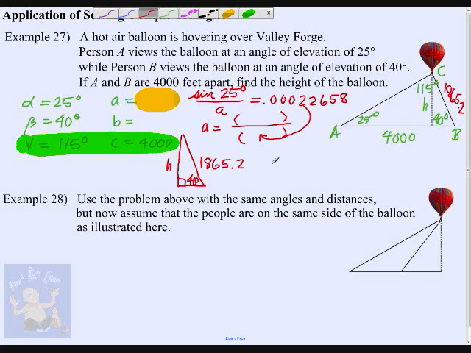I have the hypotenuse, so clearly we're going to do sine. Sine of 40 degrees equals the opposite, which is the height I'm interested in, divided by the hypotenuse. Oh, these problems are so good. They're bringing everything back, some of the stuff we haven't looked at in a little while. So the height is going to be the sine of 40 times the length of the hypotenuse.